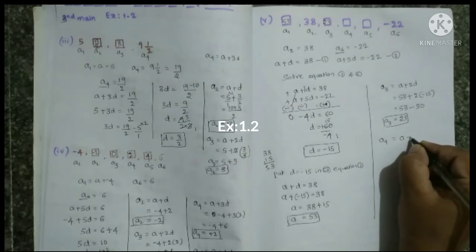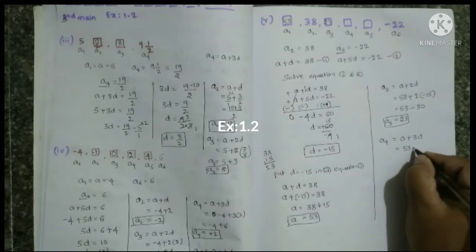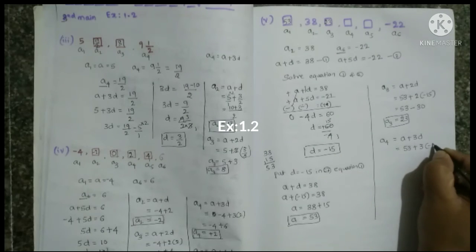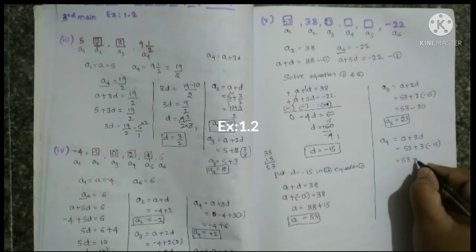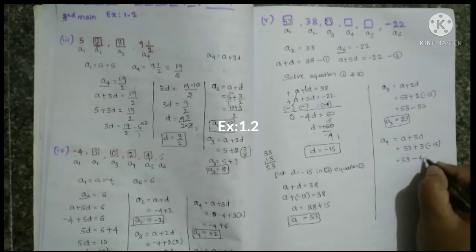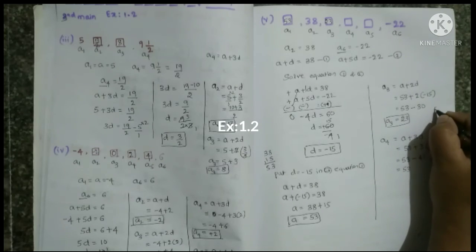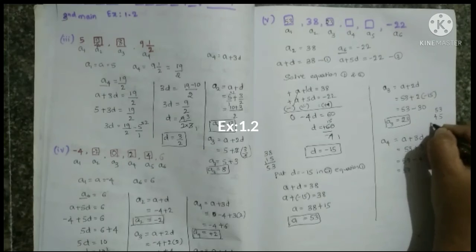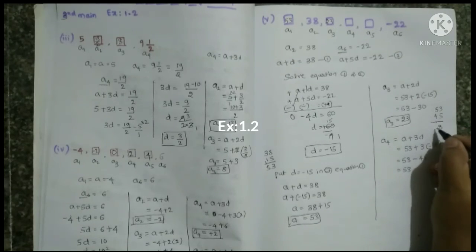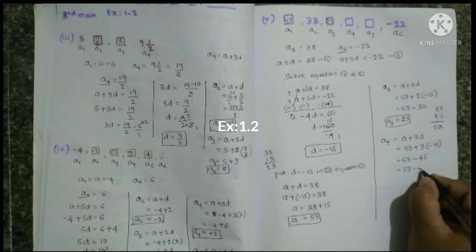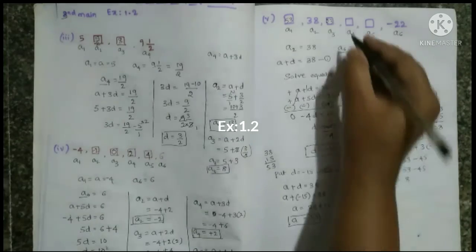A4 is equal to A plus 3D, A value is 53 plus 3 into D value, minus 15. So 53 plus into minus is minus, 3 fifteens are 45. 53 minus 45, how much will we get? 13 minus 5 is 8. So 53 minus 45 is 8. This is A4.